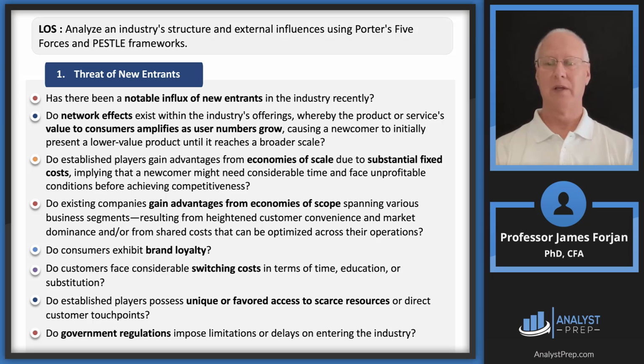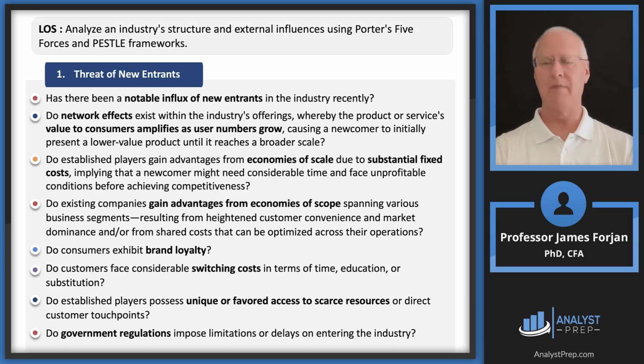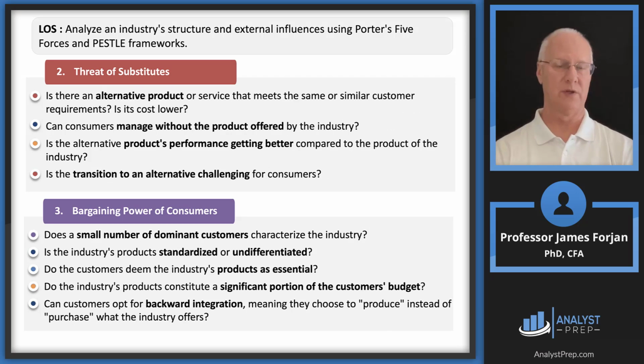Do we have access to scarce resources? By the way, that favored access to scarce resources, that's either a correct or an incorrect answer on one of the problems at the end of this learning module. I can't remember which it is, but you get the sense here that if you know these bolded words here, economies, gains, loyalty, switching costs, if you know those in relation to threat of new entrants, you ought to be able to answer those questions.